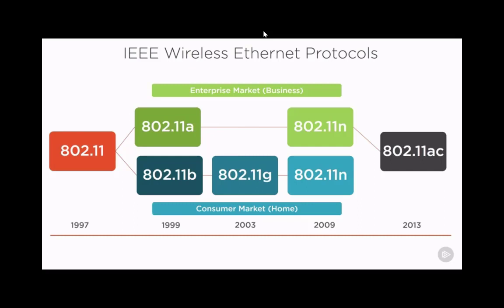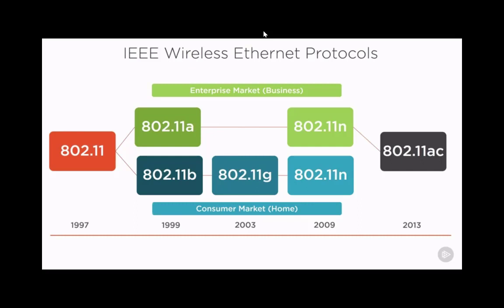In 1997 the first version came, which is 802.11. After that we enhanced this version and called it 802.11a, 802.11b and 802.11g. On the green side, the spectrum of the wireless network uses the frequency range of 5 gigahertz, and on the bottom, on the blue side, we are using the range of 2.4 gigahertz.